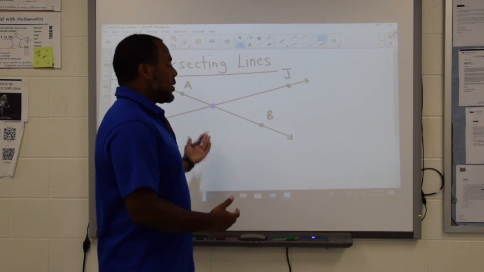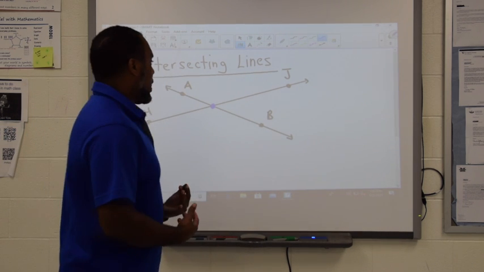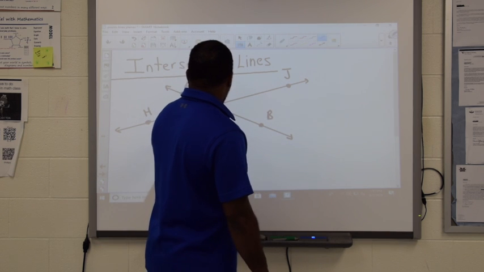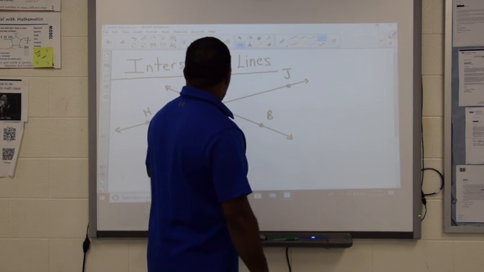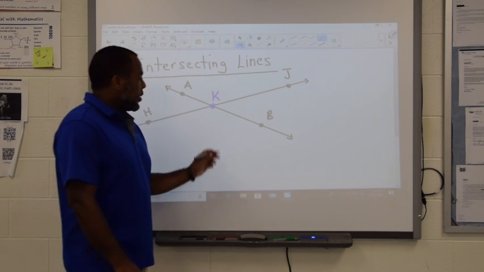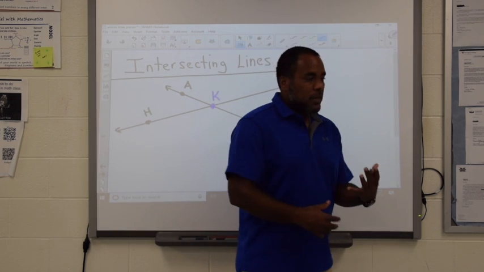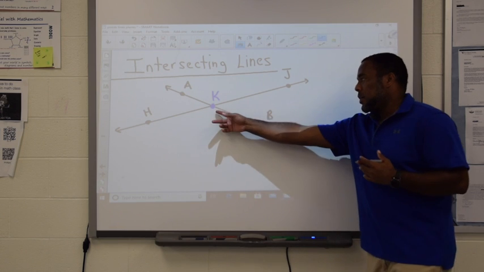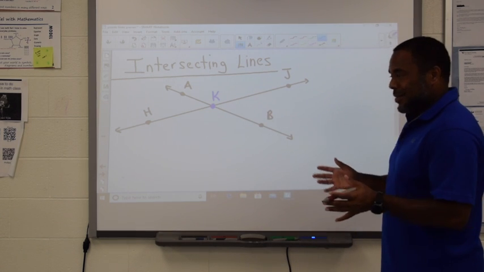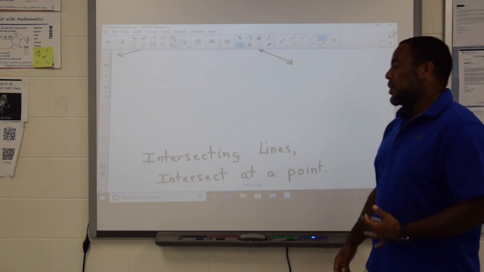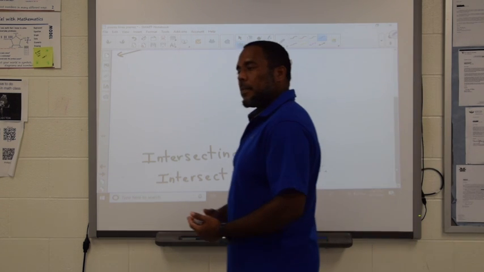Now this point currently doesn't have a name, so we're going to call it K. Intersecting lines intersect at a point. So things that are one dimension intersect to something that has no dimension.